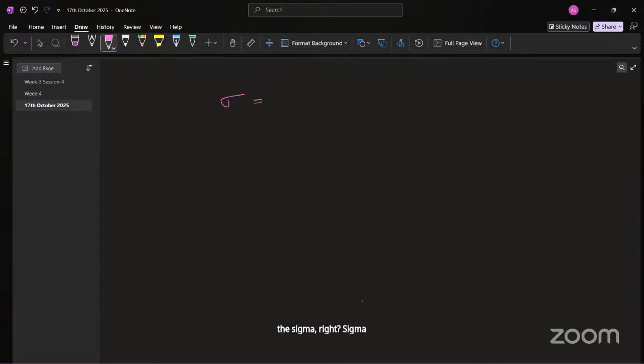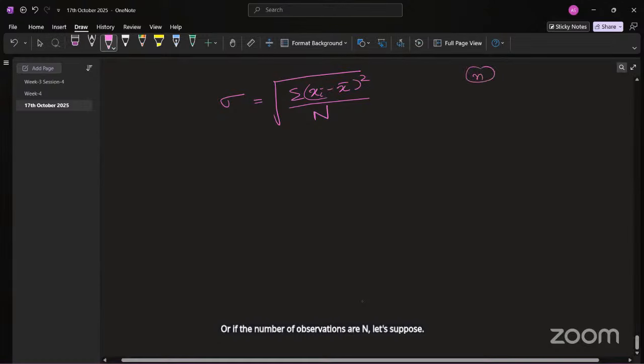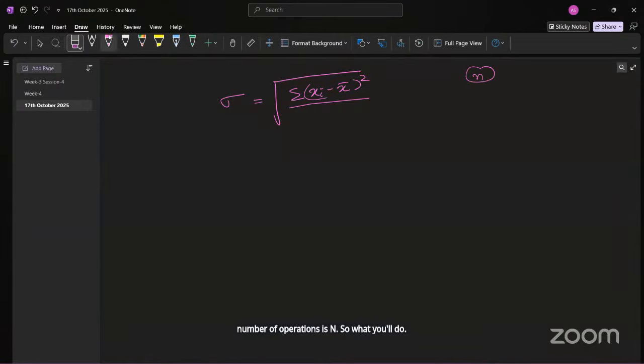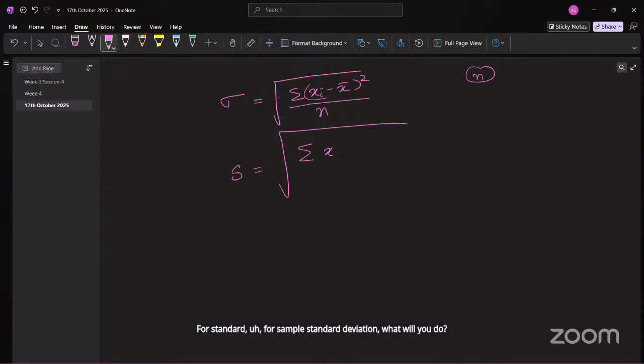Sigma can be calculated as the square root of summation of xi minus x bar whole square divided by capital N, or if the number of observations is n, you'll divide by n, right? For sample standard deviation, what will you do? Anyone? Sir, divide by n minus 1. Yeah, n minus 1.